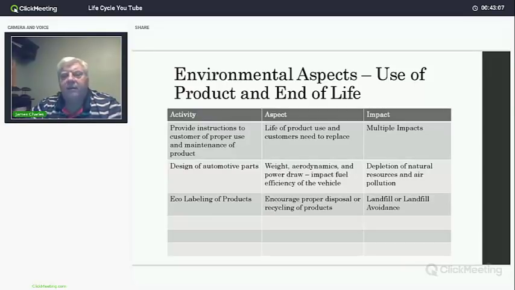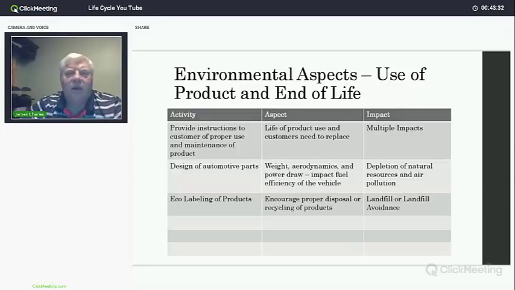I did an audit recently at a company who manufactures headlight assemblies. And they said, well, our environmental criteria are first the aerodynamics of the headlight assembly, the power draw, which influences the size of the alternator, and then the last is the weight of our product, because that influences the weight of the vehicle, which influences the fuel efficiency of the vehicle.